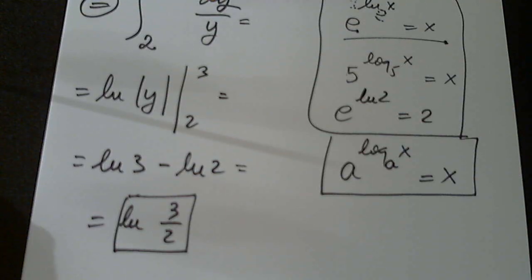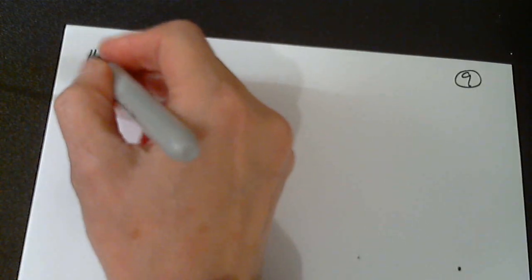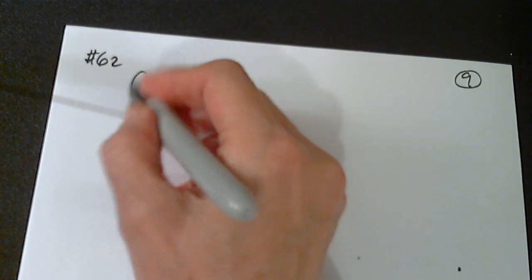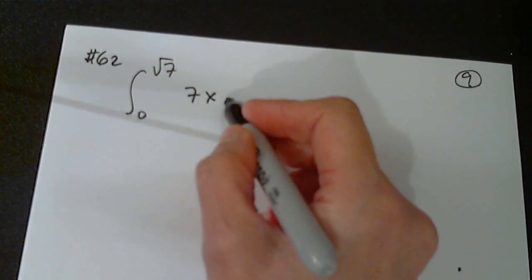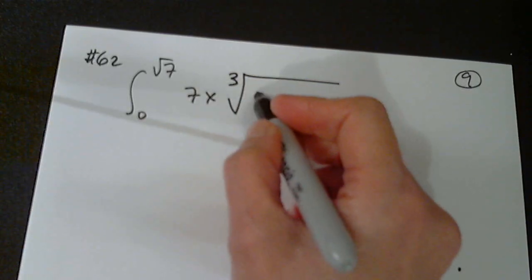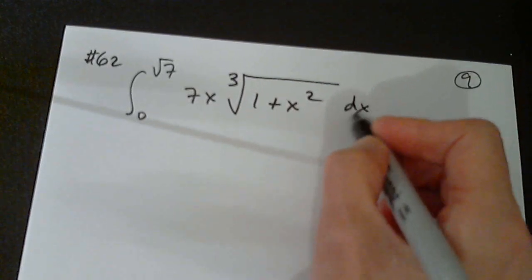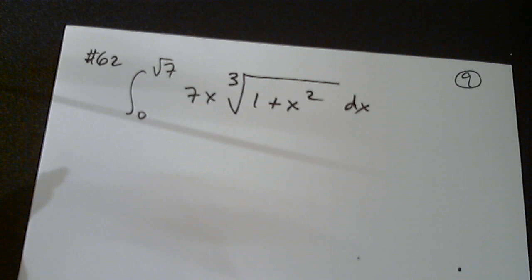Can we try 62? Yes, of course. Good. 62: the integral from 0 to the square root of 7 of 7x times the cube root of 1 plus x squared dx. Very good.